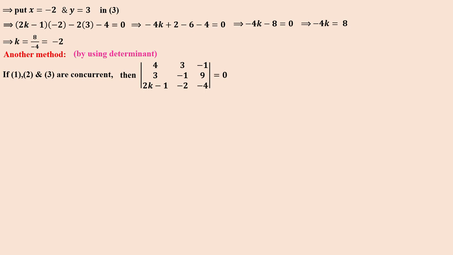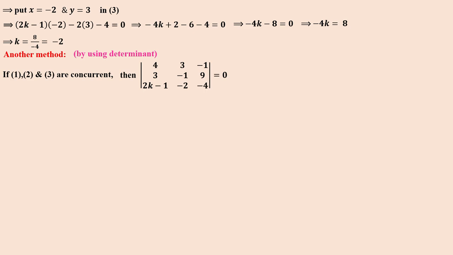That is the coefficient of x, first equation, second equation, third equation. We are going to write in that order. First equation coefficients, first row. Second equation coefficients, second row. Third equation coefficients, third row. That is x coefficient, y coefficient, constant term. Similarly for the second and third, which is equal to 0.